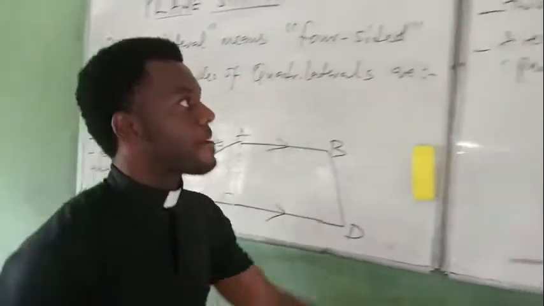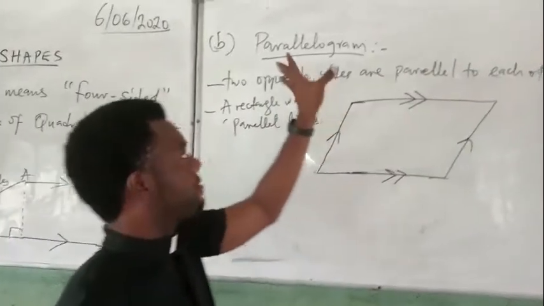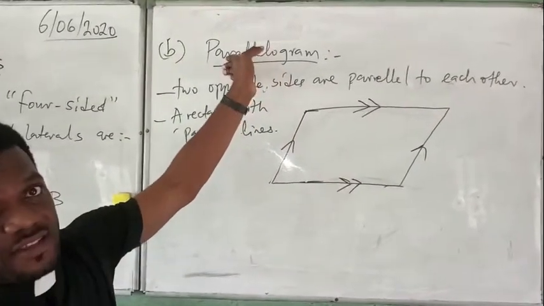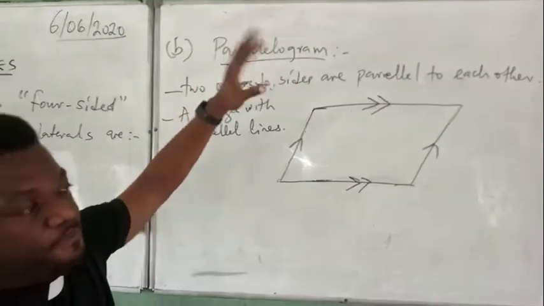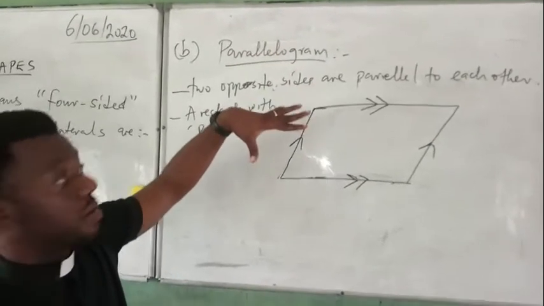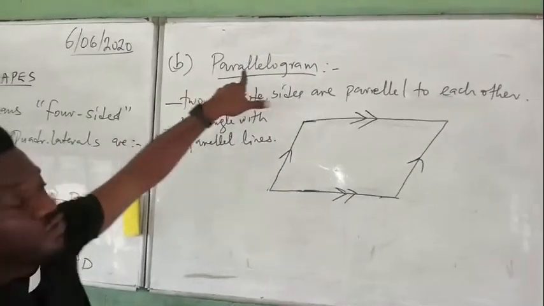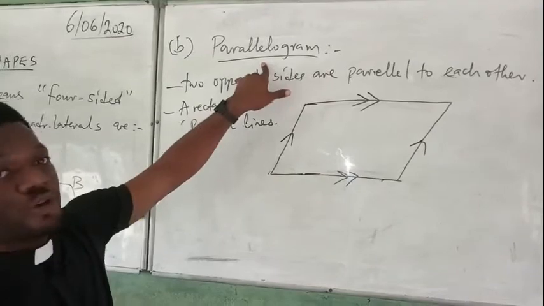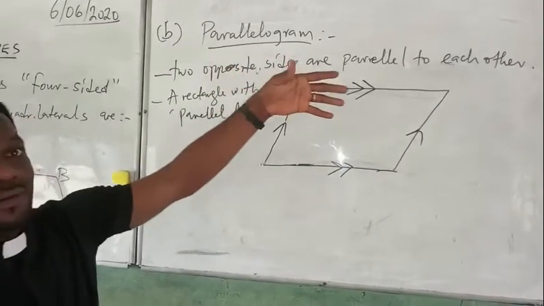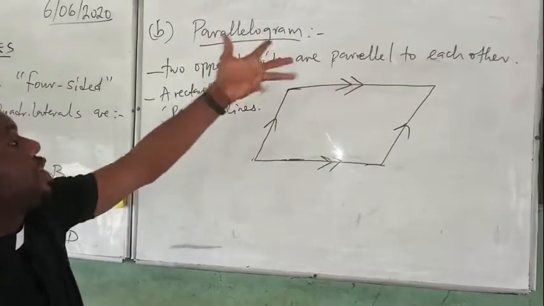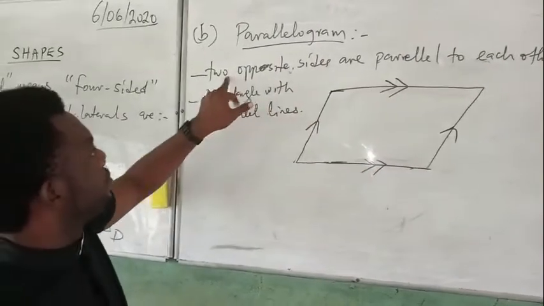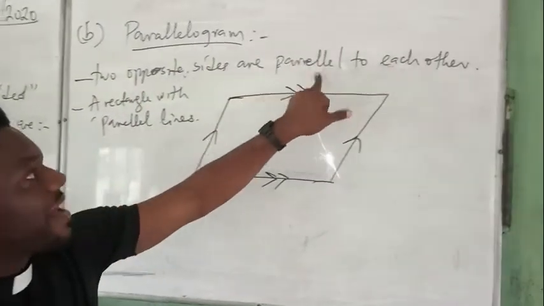Now the final example of a quadrilateral which makes up the plane shapes is what we call the parallelogram. In a parallelogram, two opposite sides are parallel to each other.